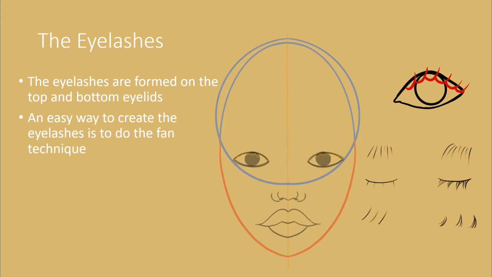And then on this graphic, you'll see that there are do's and don'ts when it comes to eyelashes. So on the left side, you'll see that this will be the don't. Eyelashes do not grow straight out of our eyelids or the corner of our eyelids. They have a fanning out curve motion. And then they also do not just lie on our eyelids individually.